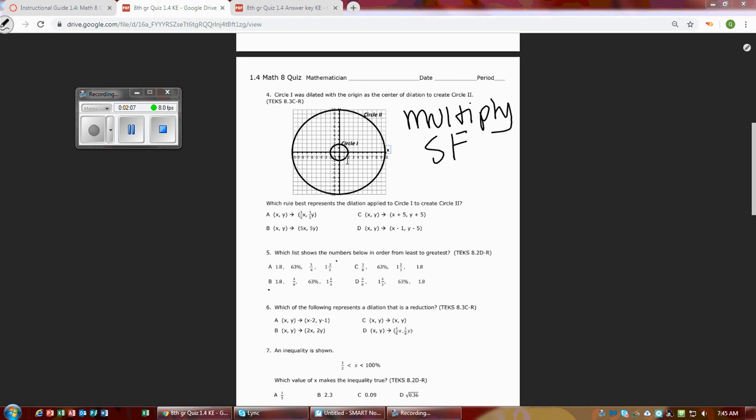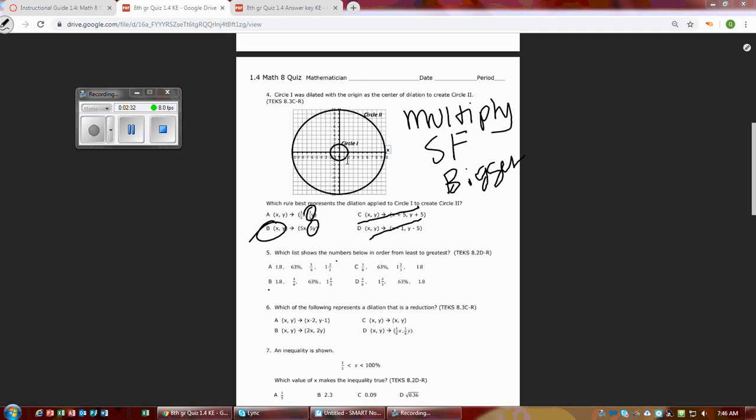We never see anything like this, so those are automatically not it. If our scale factor is greater than 1, it's going to get bigger, and that's what my picture looks like. So I have either 1/5 or 5. 5 is definitely bigger than 1, so my answer would be B. That one wasn't really hard. You just had to look at your notes.